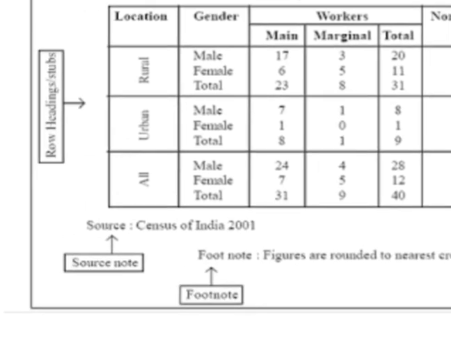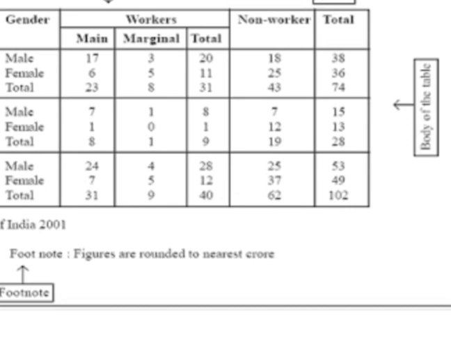And there should be a source. For example, if this information is from WHO or some other places, you have to mention the source where you get this information. Source note. Footnote, you can write what this explains. We say it as footnotes. The complete middle part of the numbers is called the body of the table.